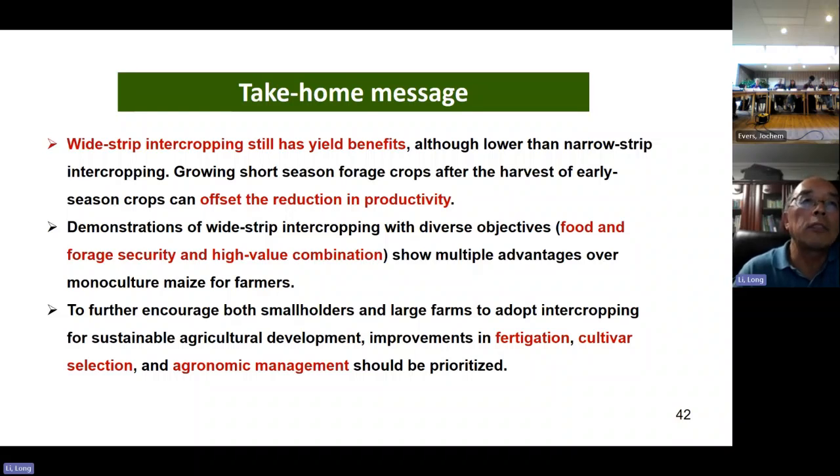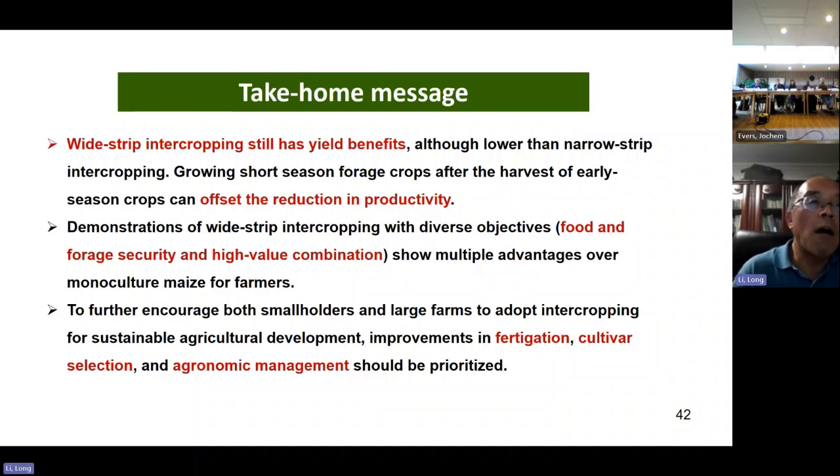Demonstration of wide strip intercropping with diverse objectives, for example food and forage security and high-value combinations, shows multiple advantages over monoculture maize for farmers.